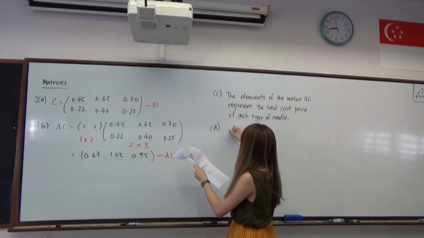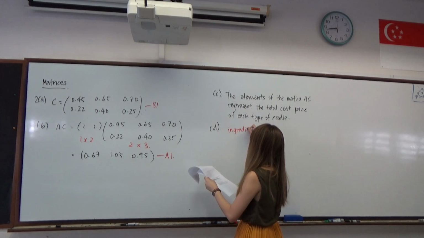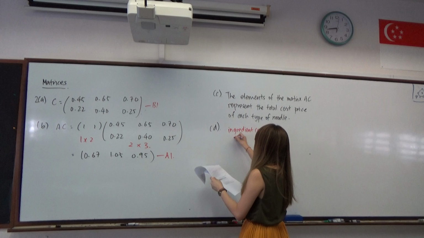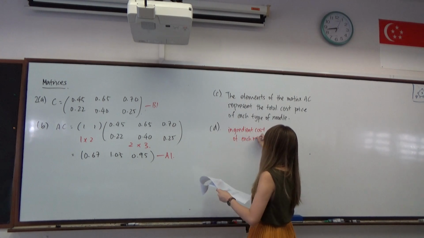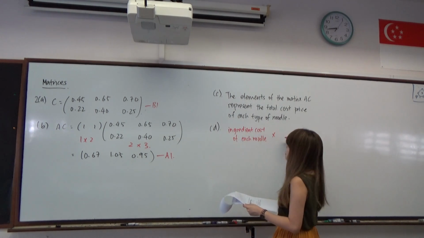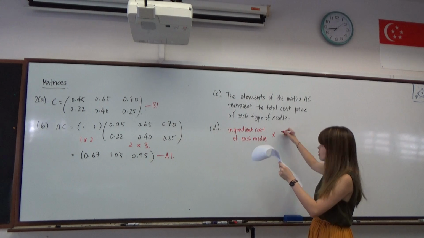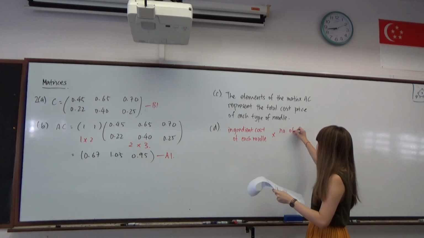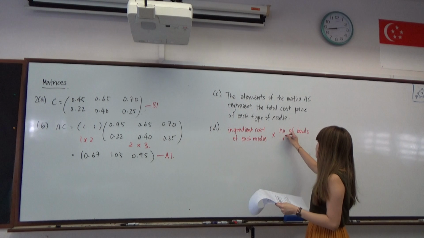So you will take ingredient cost of each noodle, then multiply with the number of bowls of each noodle.